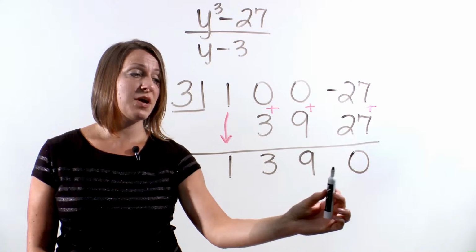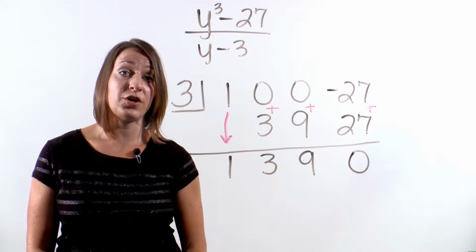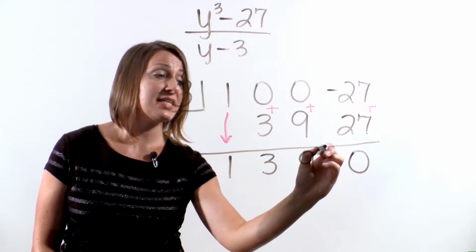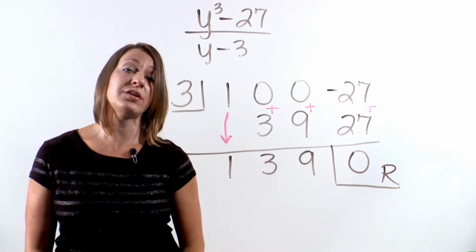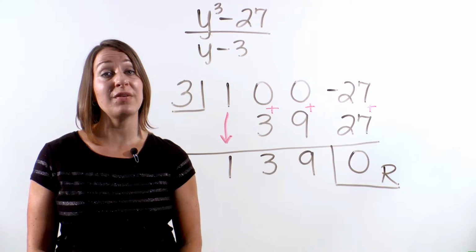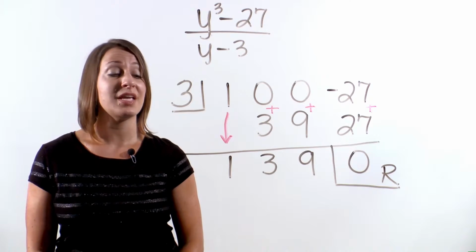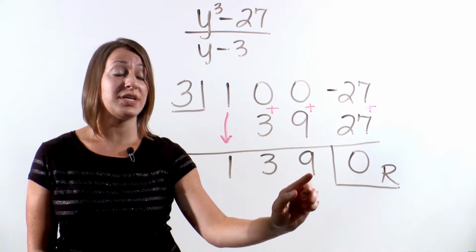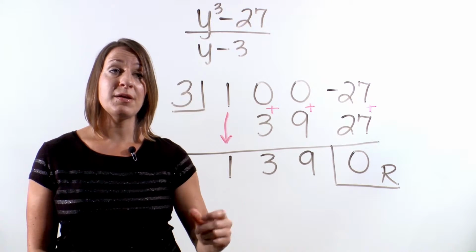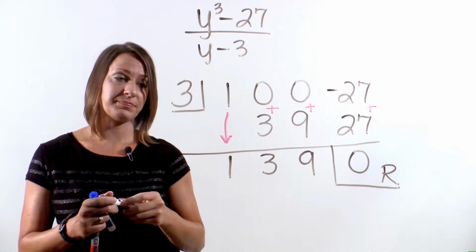Now we have a list of numbers which will be our coefficients for our answer. The last number will always be our remainder. So in this problem, we have a remainder of 0. Next, we need to assign the coefficients 1, 3, and 9 back to terms.